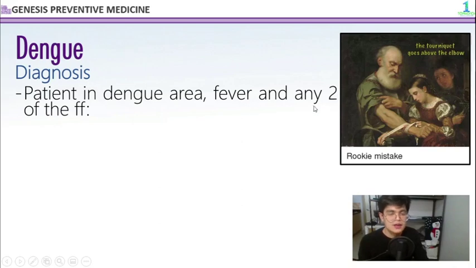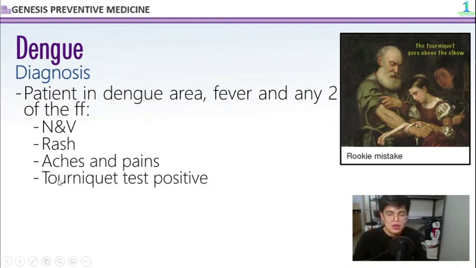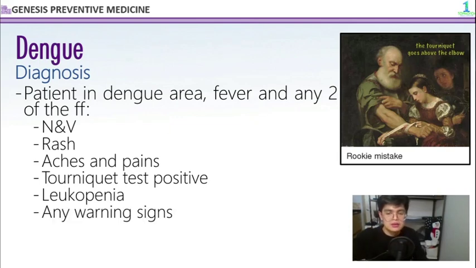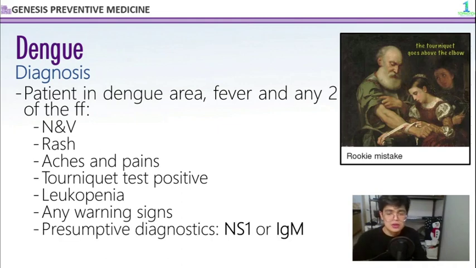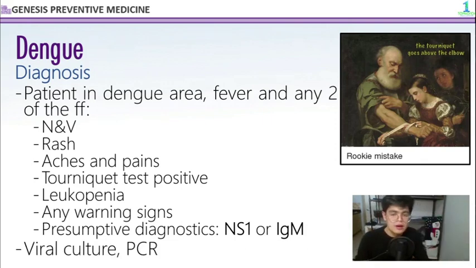Fever, a second criteria, and the third criteria, fulfilling any of the 2 following symptoms or lab results: nausea and vomiting, rash, aches and pains, positive tourniquet test, leukopenia or low white blood cell count, any warning signs as we will outline later, presumptive diagnosis positive with either NS1 test or IgM, and if clinical diagnosis is not achieved, then viral culture may be attempted with PCR as another option.